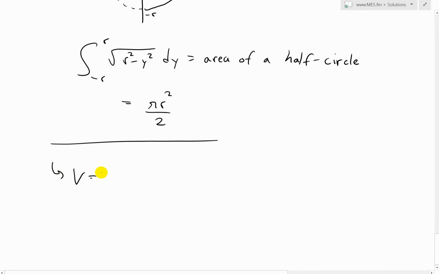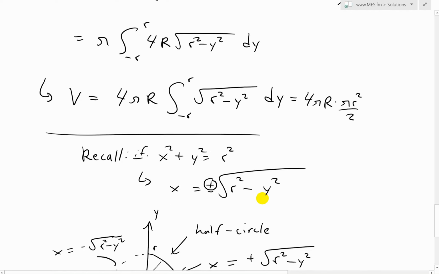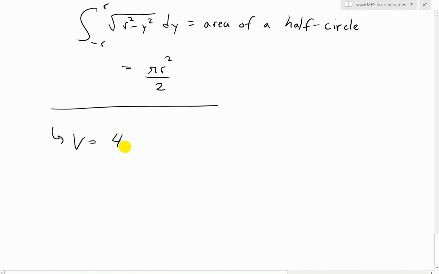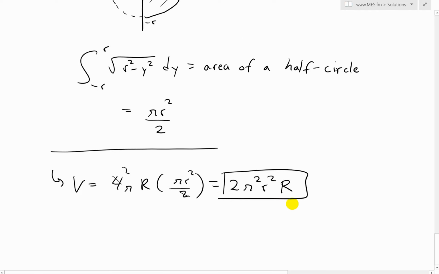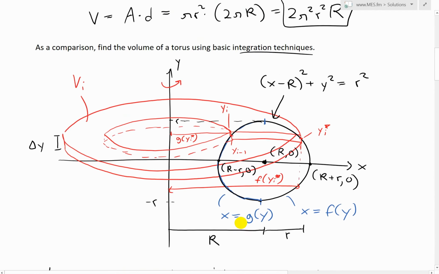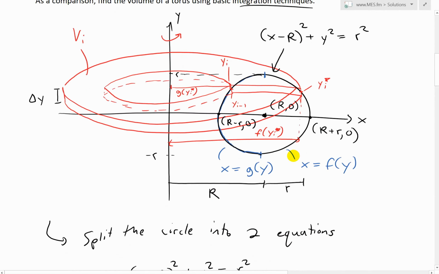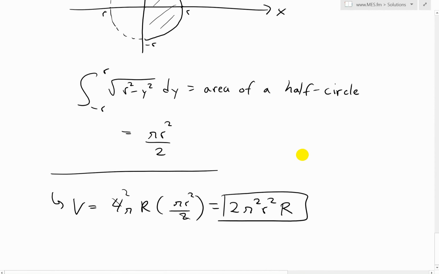We get the volume equals 4 pi R times pi r squared divided by 2, and then this cancels, the 4 becomes 2, and we get 2 pi squared little r squared times big R. That is our volume right there. Let's double check with what we had initially using the theorem of Pappus: 2 pi squared R r squared. Yes, that's the exact same one.